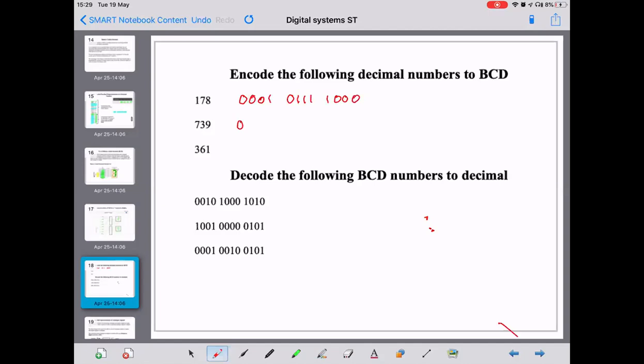0 1 1 1. Yeah. 0 0 1 1. Yeah. 1 0 0 1. Correct. Macca, third one?